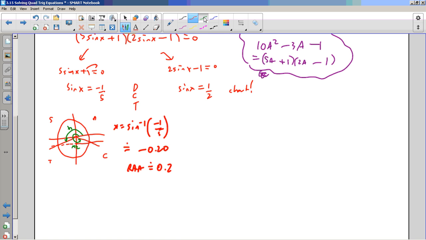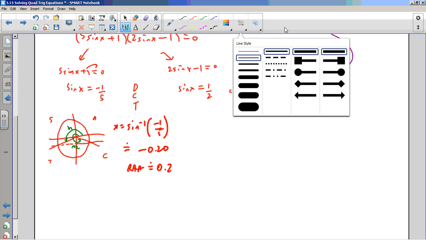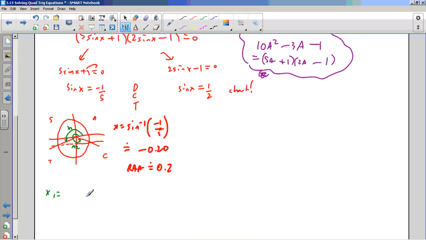And so it gives me my two solutions from this one. X1 is pi plus 0.2, right? Because there's my related acute angle, which is about, rounded, 3.74. My x2 is almost 2 pi. Subtract the related acute angle, which is 0.2. And all of these are approximate solutions, this is 6.08. And then that's it for this side.